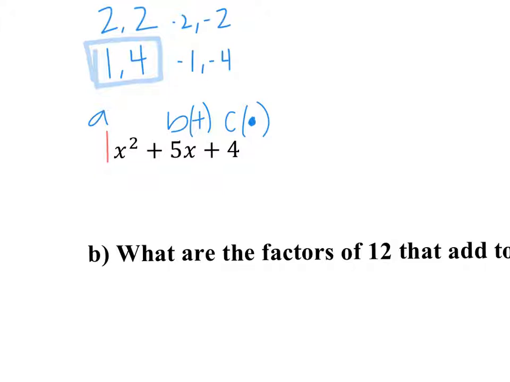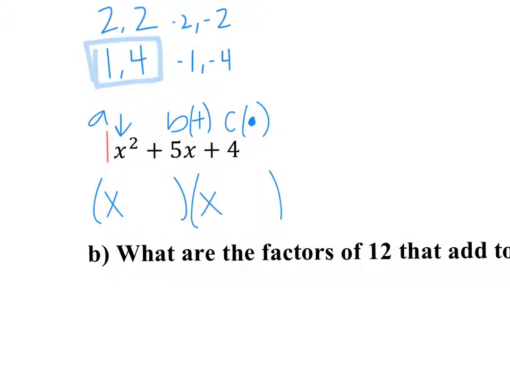So if we're going to factor this problem, I start by putting my binomials, and I put an x out front in each of them because x is the variable in this problem. You told me already that in order to get 4 to add to 5, I needed to use my 1 and my 4.